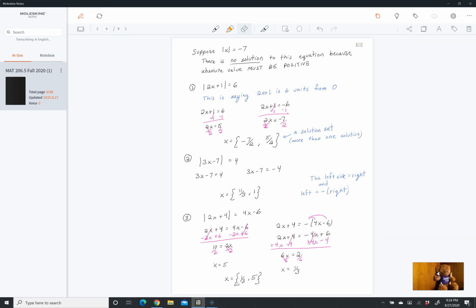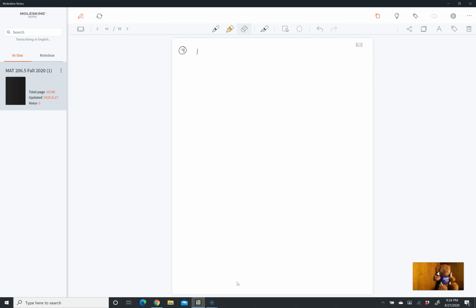Now, there's another case with absolute value. The other case is if you have absolute value on both sides. So let's just say that we have the absolute value of x plus 1 is equal to the absolute value of 2x minus 3. And actually, this doesn't change anything, okay?